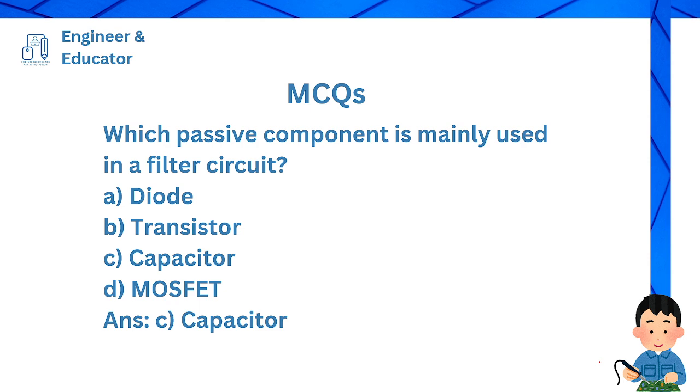Is capacitor an active or passive component? Capacitor is a passive component, and the passive component here which is used in the filter circuit is capacitor among these ones.